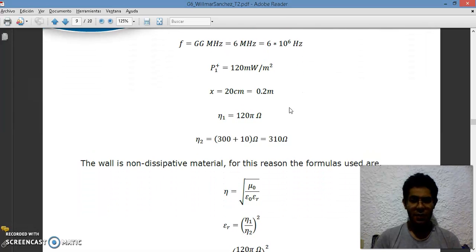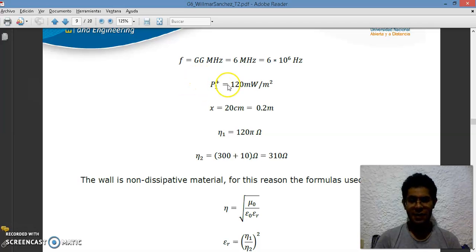Okay, for the first part, this is the data that we have from the statement. Frequency, 6 for the group.